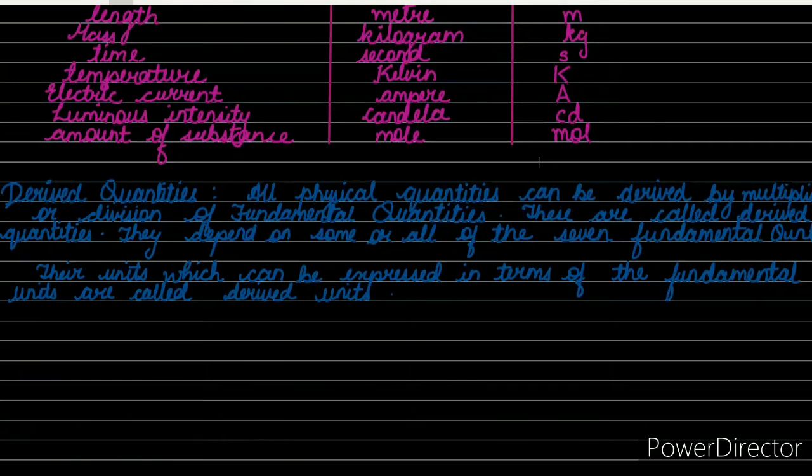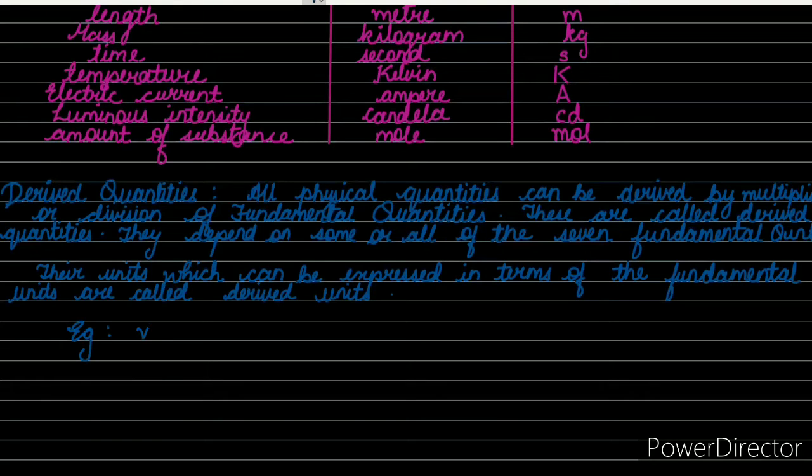Such quantities are called derived quantities. They depend on some or all of the seven fundamental quantities. Units which can be expressed in terms of fundamental units are called derived units.